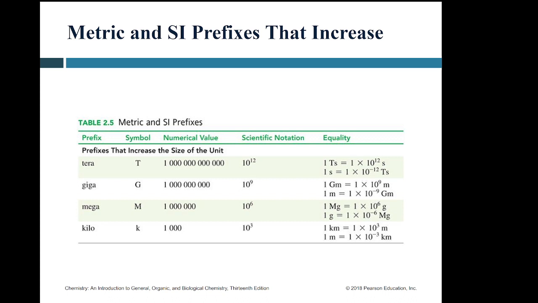Why? Because the terabyte is 10 to the 12, it's this one right here. So tera was a prefix, and so was giga. There are 1,000 gigabytes in a terabyte, or another way of saying that is it's 10 to the 12 bytes.